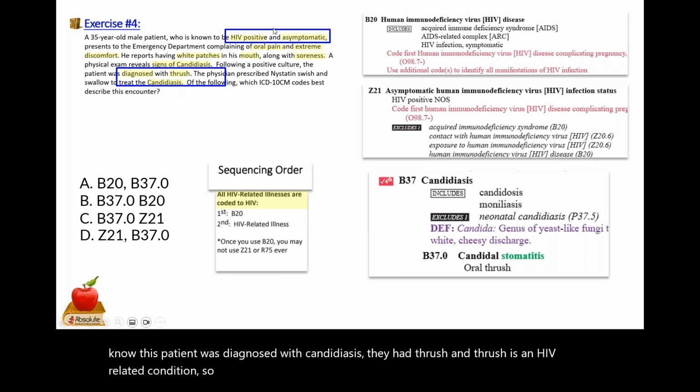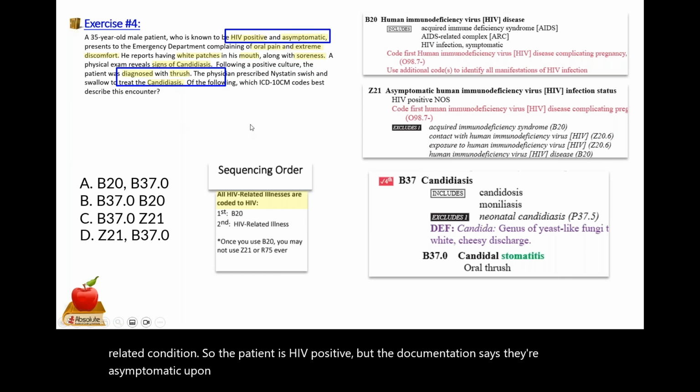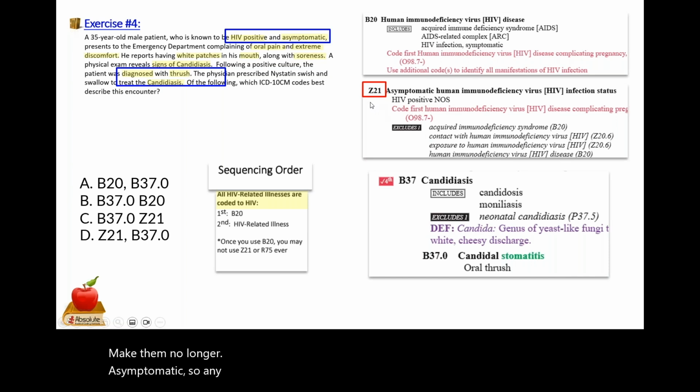So the patient is HIV positive, but the documentation says they're asymptomatic upon arrival. However, all of these symptoms make them no longer asymptomatic. So any answer with Z21 in it is incorrect. So C and D gotta go.